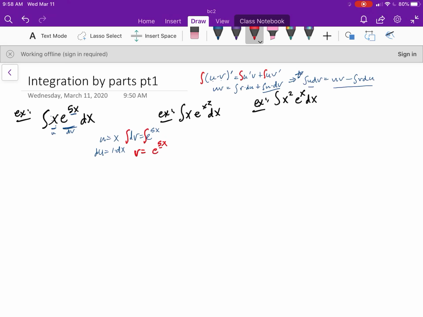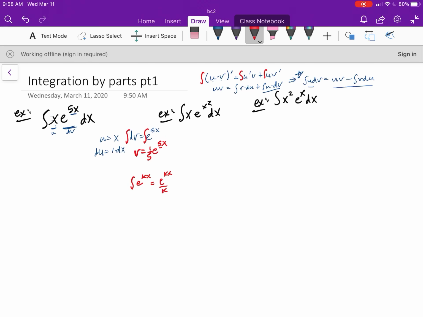We divide by the constant, or 1/5. Remember that the integral of e to the kx, for some constant k, is e to the kx over k. That's an old rule that we had learned.